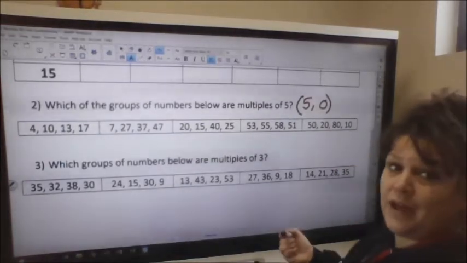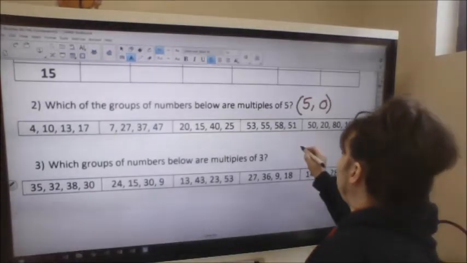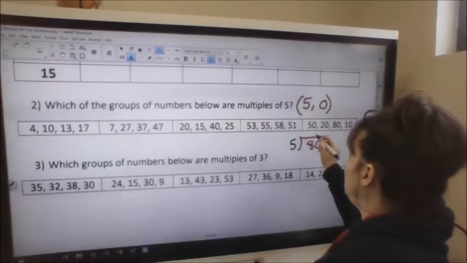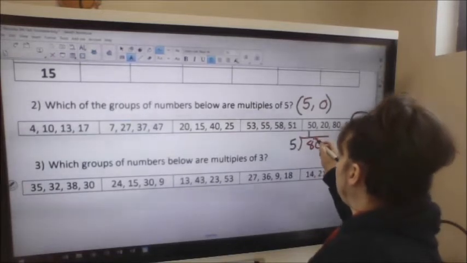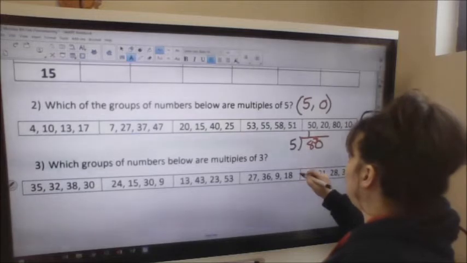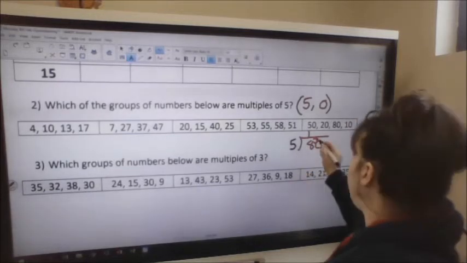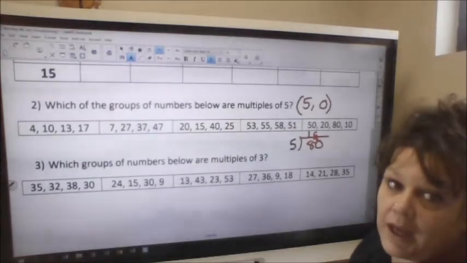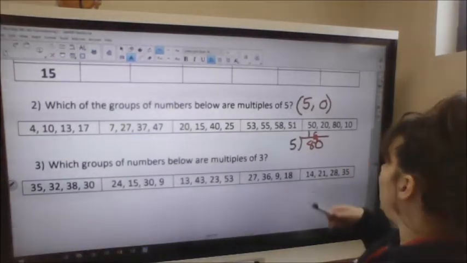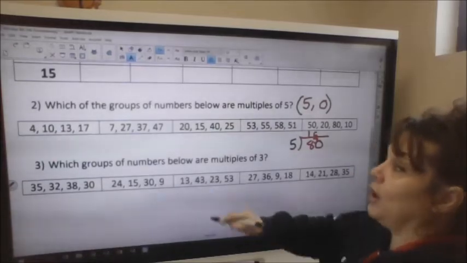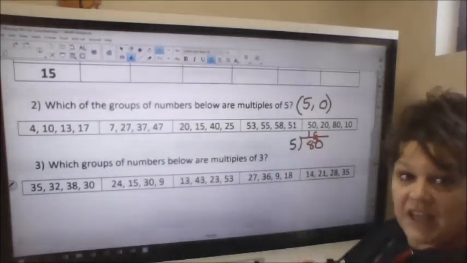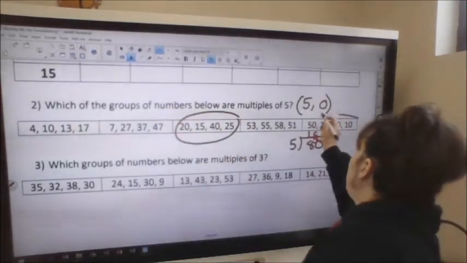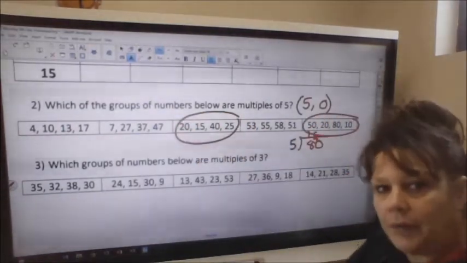Well, yes, it will, because if I do this here, 80 and 5 goes into 8 once, 3 left over, 5 into 30, well, 6 5s are 30, so it goes in 16 times, okay? And then 5 times 2 is 10. So I've got 2 groups that fit that. So I would circle that one and this one, okay?